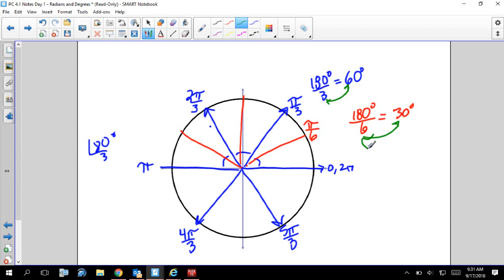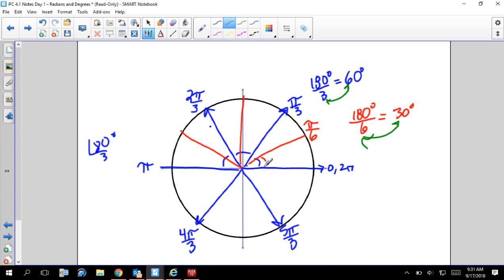People confuse those. They want to say pi over 6 is 60, but that's not true. Pi over 6 says 6 goes into 180: 30 degrees. Okay. So pi over 6 is here.